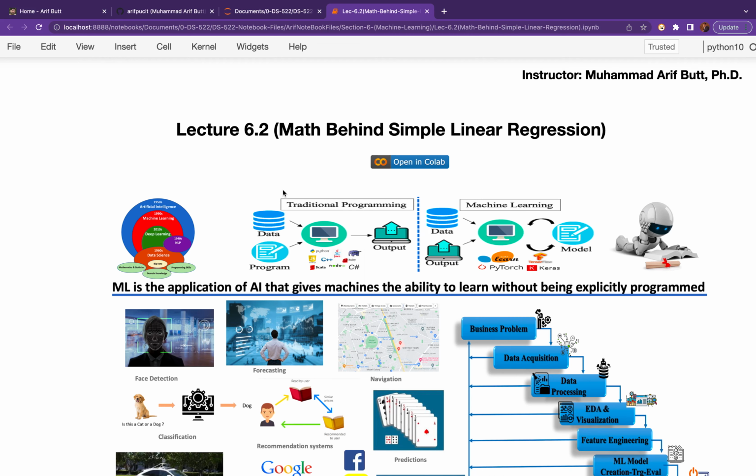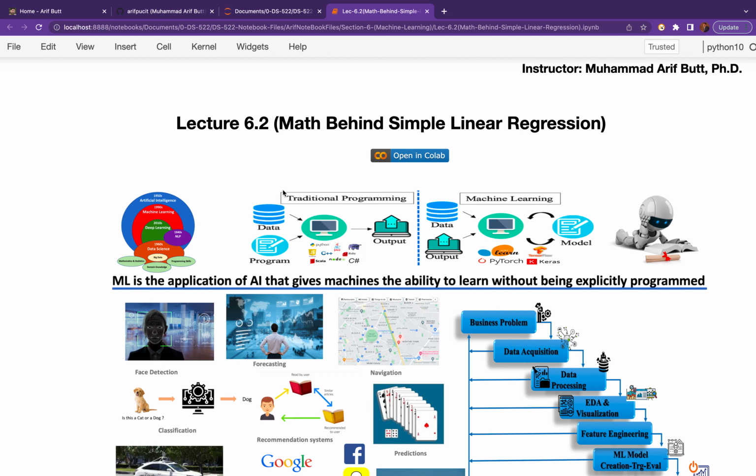In our previous session, I tried to answer the three famous questions. What is machine learning? Why do machine learning? And how to do machine learning?